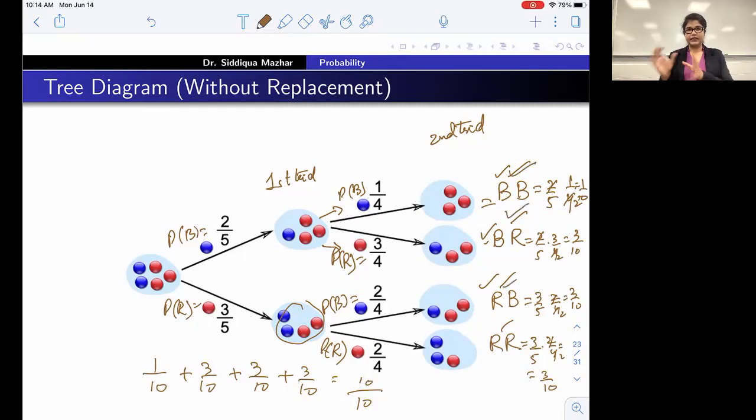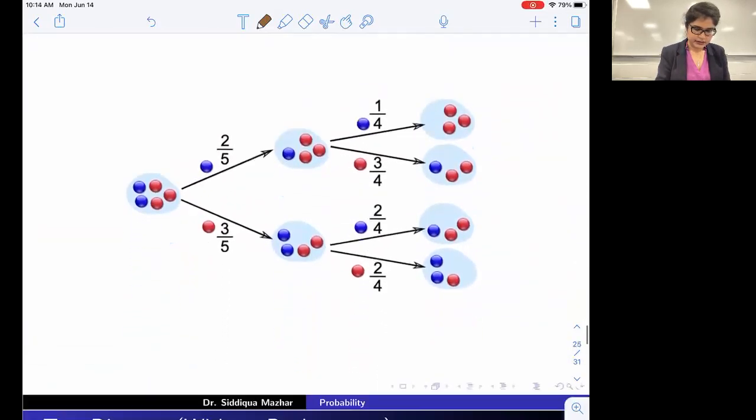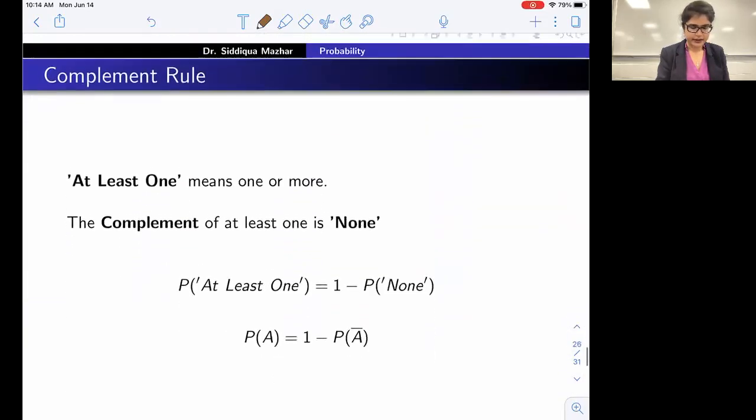That is something else. Sequence is something else, and finding probability is something else. Sequence is how many experiments have at least one blue. This is what we are looking for. So this is the without replacement experiment. Same thing, I have already done the explanation.